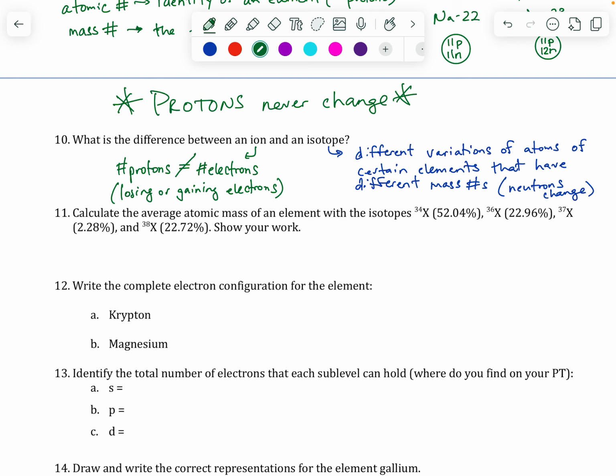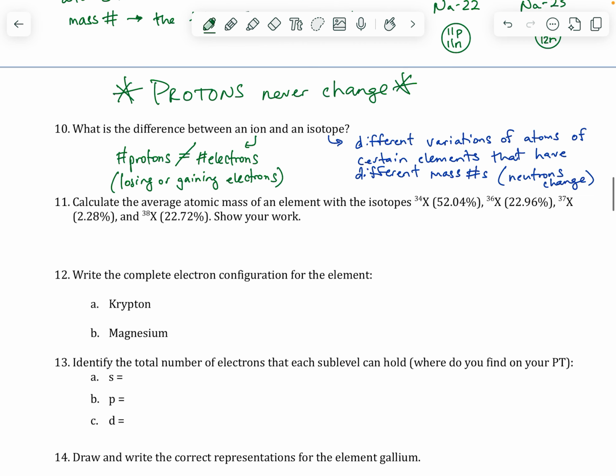The same species of dog, but they are different sizes, or they have different masses. And so that is an analogy that you can use to talk about isotopes, where we have elements, but we have different versions of elements. Just like there's different versions of dogs, there's different versions of certain elements that have those different mass numbers.